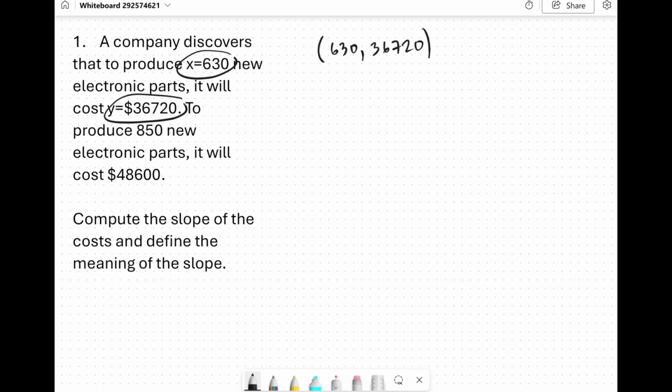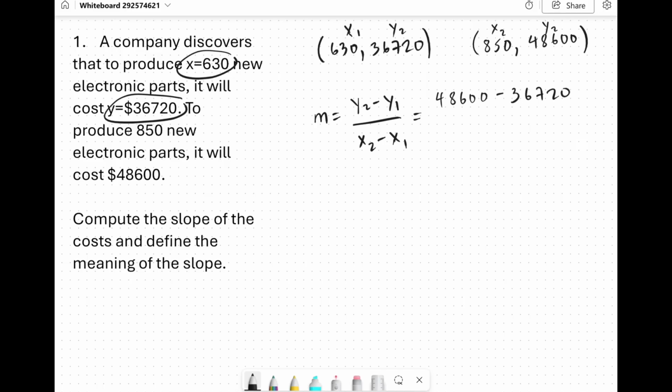So this is your first point, and this will be your x1 and y1 for the purposes of slope calculation. The second point is 850, 48,600, and that will be your x2 and y2. So remember the slope formula, that's y2 minus y1 on the top, x2 minus x1 on the bottom. So let's go ahead and plug those numbers in.